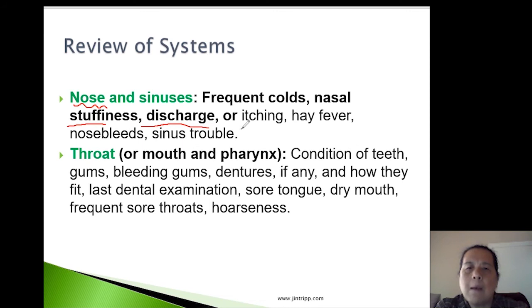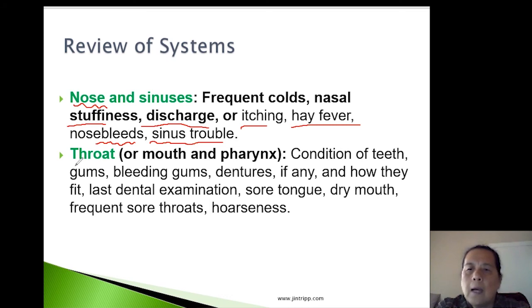Or maybe some people have itchiness, and they easily get allergies, hay fever. Especially some people may have bleeding, and they may have sinusitis problems. So that's the nose-related questions.